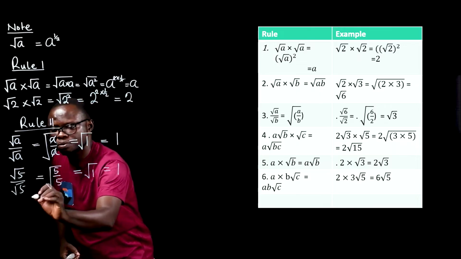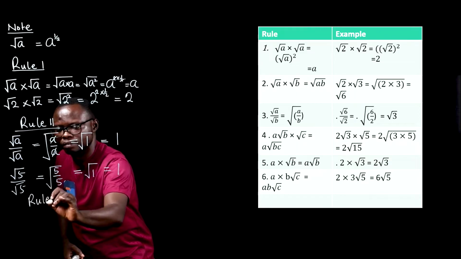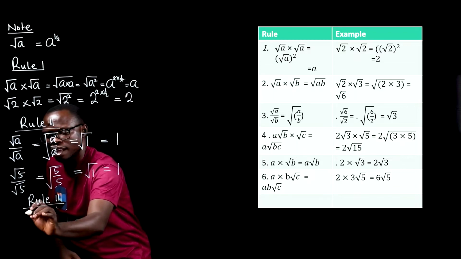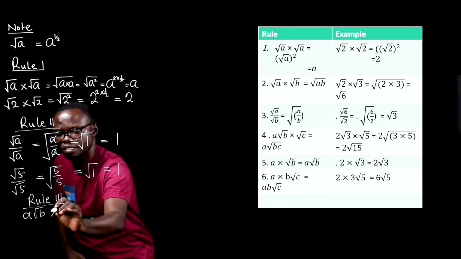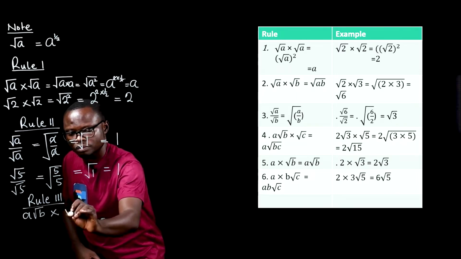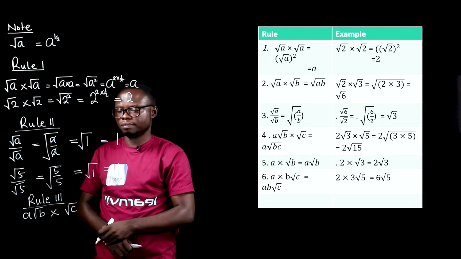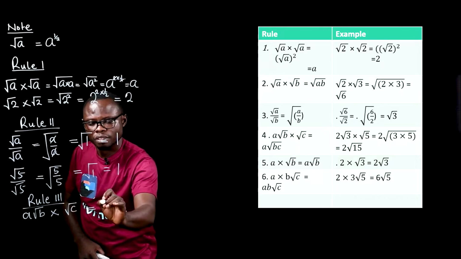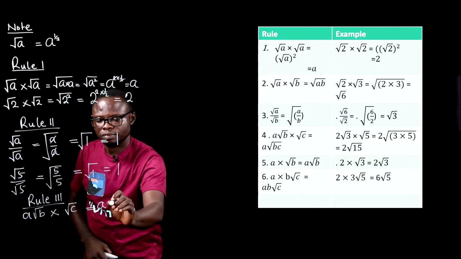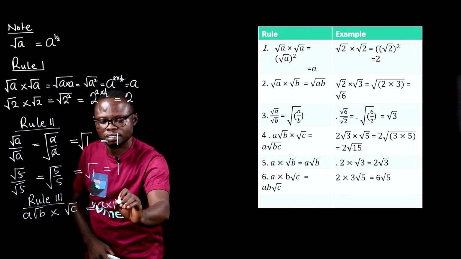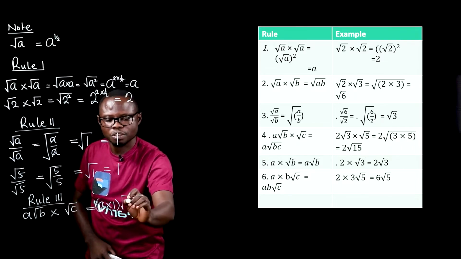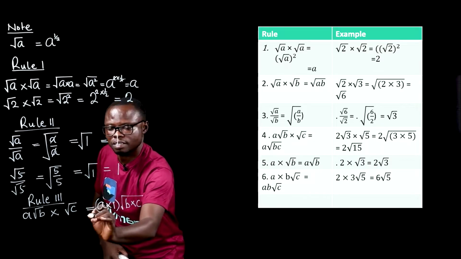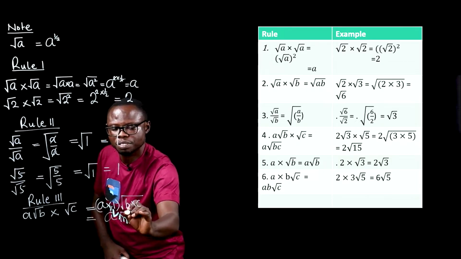We can look at this root 3. We have A root B times root C. This is going to give us A times 1 square root of B times C. And that will become A root BC.